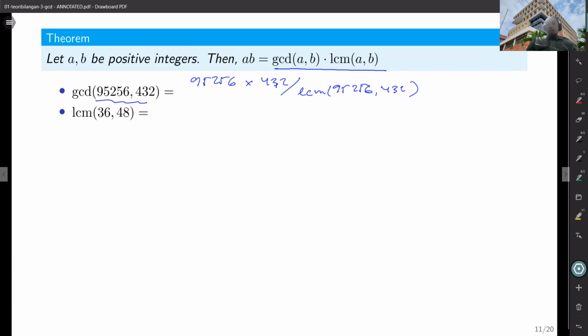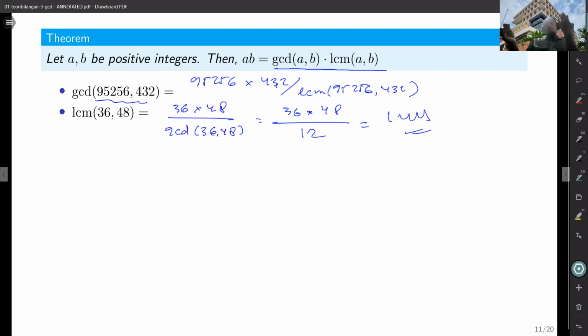Now, what about this one? Well, it's easy. 36 times 48 divided by GCD of 36 and 48. Now, this GCD is actually 12. So that means, well, we saw it, right? So 3 times 48 or 4 times 36, which is 144. Yeah. Any question?